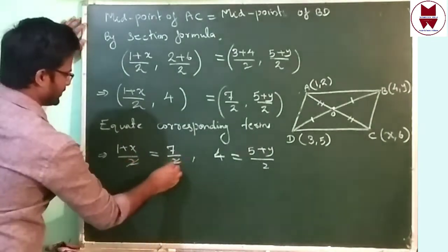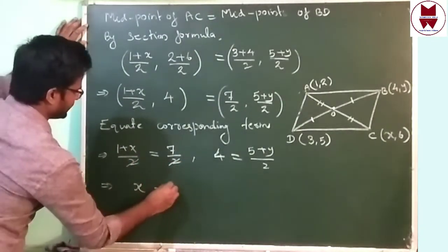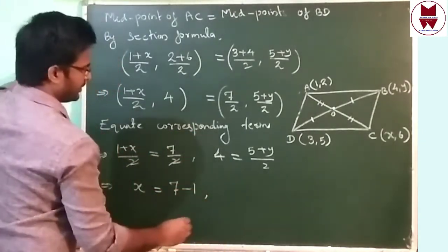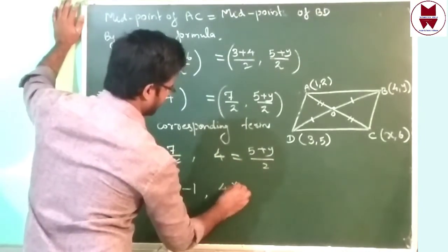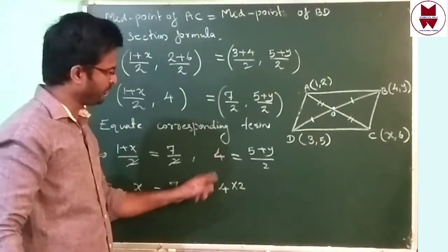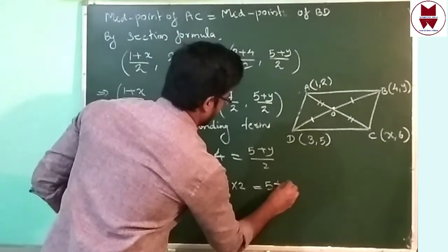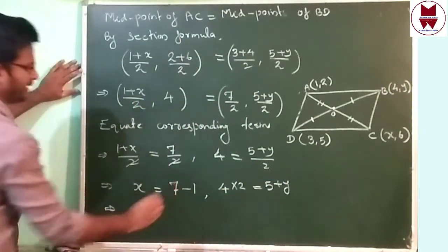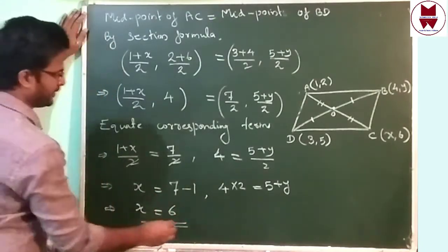In the first equation, these 2 and 2 cancel. Then remaining x plus 1 equal to 7. This 1 bring to the right side, that will be minus 1. In the second, 2 bring to the left side, that will be 4 into 2. Then remaining 5 plus y. x equal to 7 minus 1, 6. We got x equal to 6.